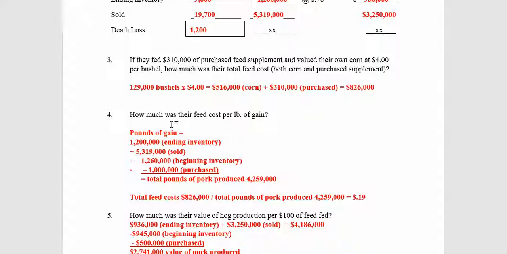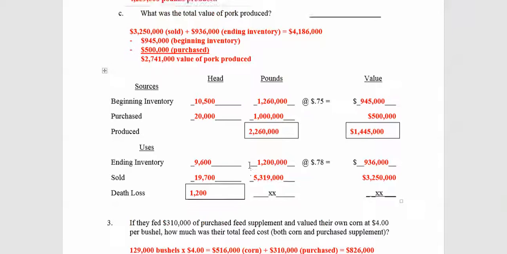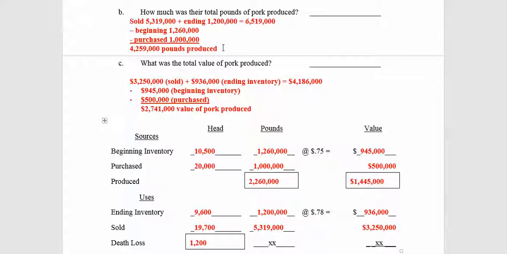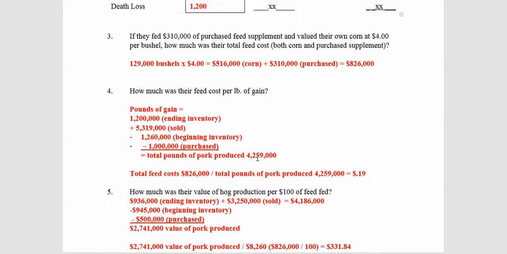Question 4, how much was their feed cost per pound of gain? So how many total pounds of pork produced? Again, we had found that up here on letter B, 4,259,000 pounds. I do it again here in case you want to know.